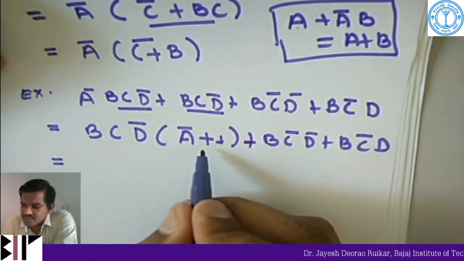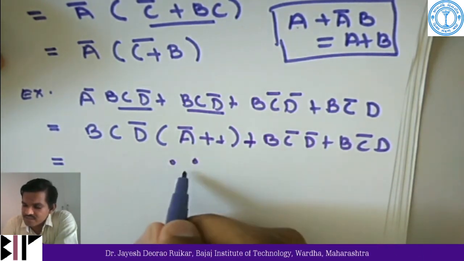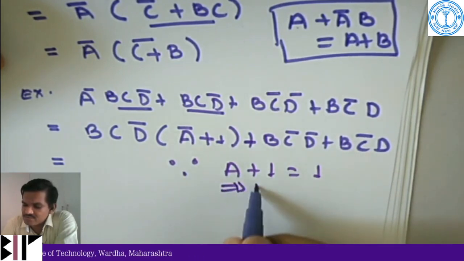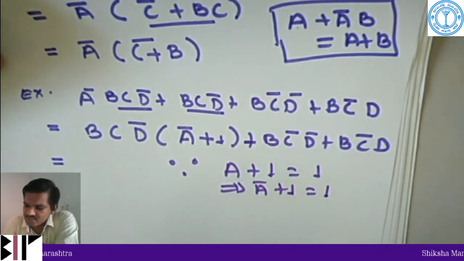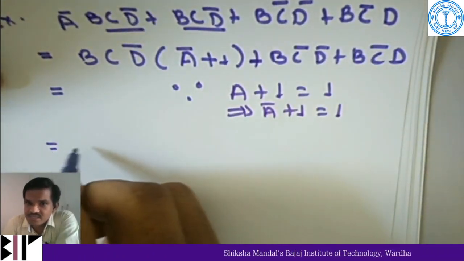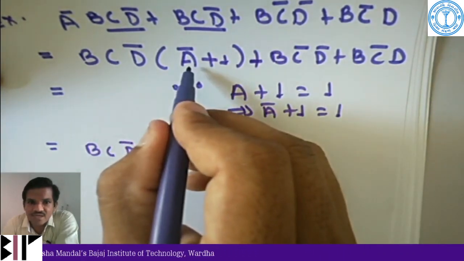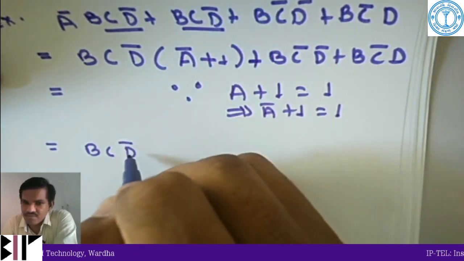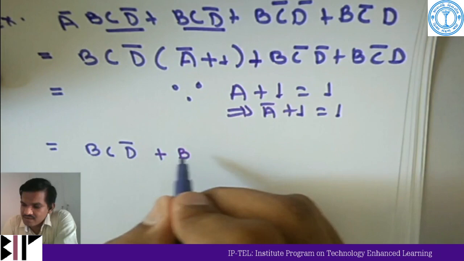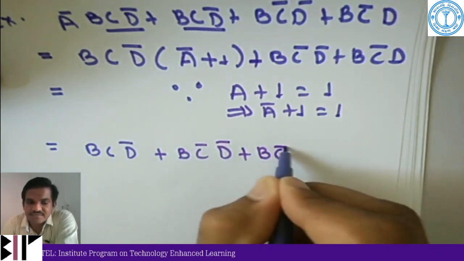Now as we know, a plus 1 is equal to 1. We have a theorem a plus 1 is equal to 1. This can be rewritten as a bar plus 1 is also 1. So this a bar plus 1 can be written as 1, and the term can be written as b c d bar. So b c d bar is there, plus b c bar d bar, plus b c bar d.